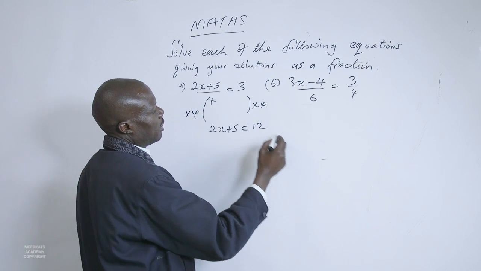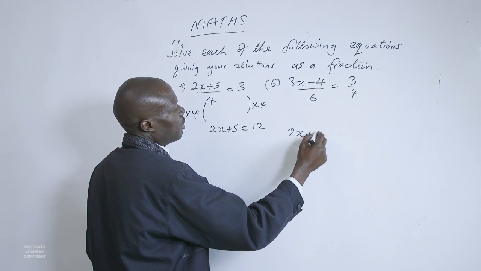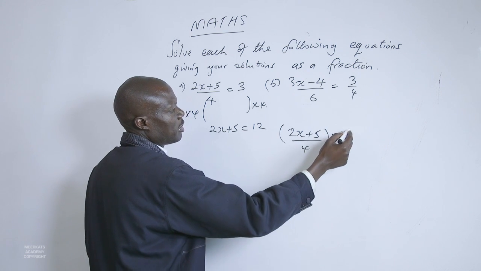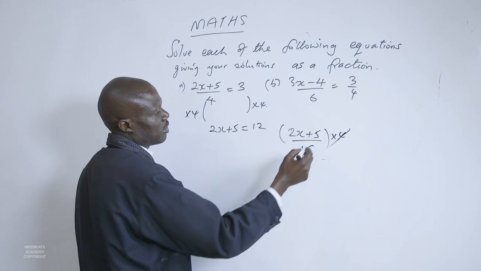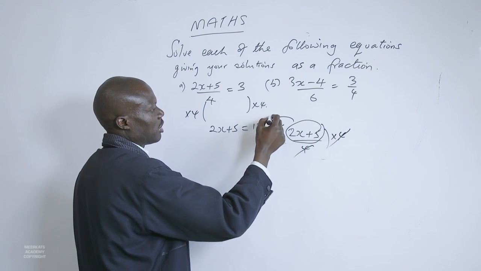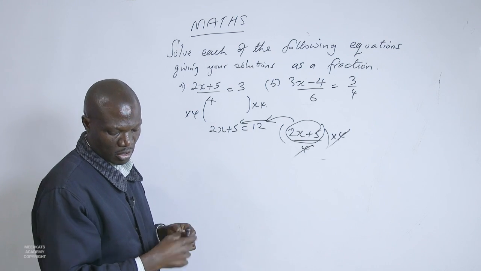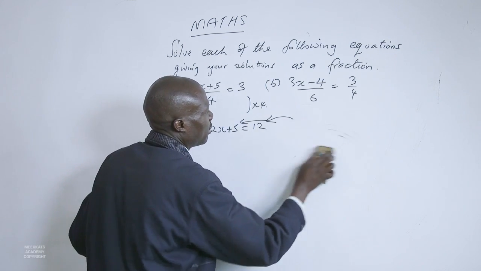Just to illustrate, when you have 2x + 5, the whole of it over 4, and you multiply by 4, the 4s cancel. That's why we have remained with this one, which I've transferred here. So we should be comfortable with that.